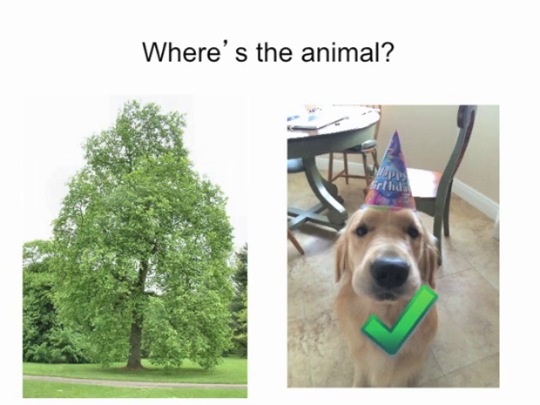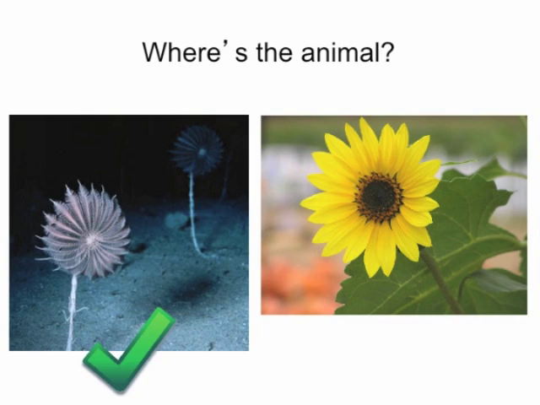Sometimes it's very clear, especially with things that we're very aware of, especially with mammals, and maybe with some other things. So here's some other pictures of things that you might or might not know. This next one you should be able to get as well. Which one of these two is an animal? All right, the one on the left, right? On the right is a sunflower, and on the left is something called a tube worm.